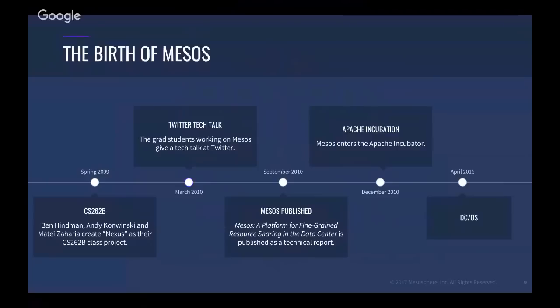At that time you had these crazy scaling issues at Twitter, so you saw the fail whale quite often, and they were really happy that at the beginning of 2010, they gave a tech talk introducing Apache Mesos to Twitter, and they pushed it forward to publishing a source code draft of this paper. Then it was really fast that this project entered the Apache Incubator, and soon after that, it became an Apache top-level project.